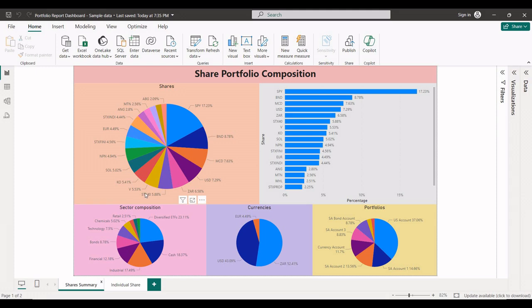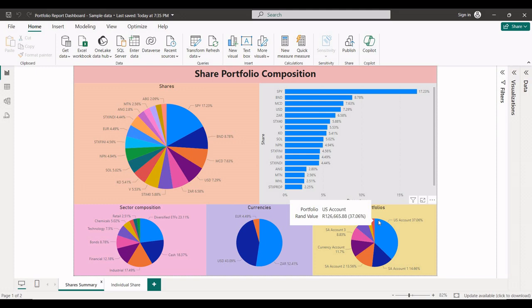So we have the shares breakdown, and next to it we have the shares ordered by percentage holding, and underneath we have the sectors composition, the currencies, and the portfolio or accounts breakdown.